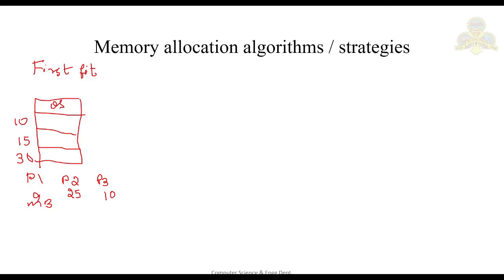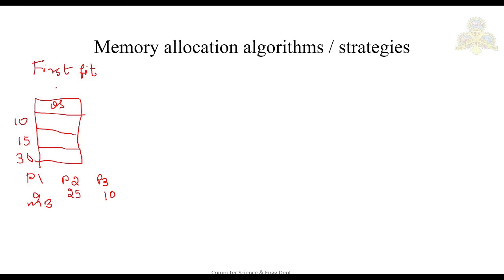It needs 9 MB. First, the entire user space is searched by the system. That means all the free spaces would be searched by your system. As per first fit, this process P1 requires 9 MB, and the search typically begins from the beginning.